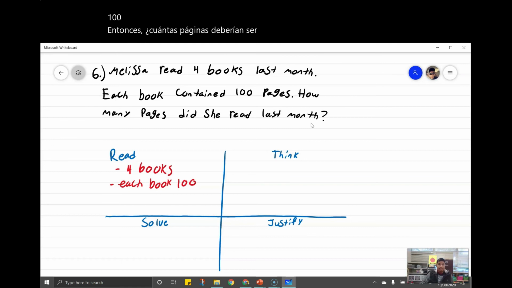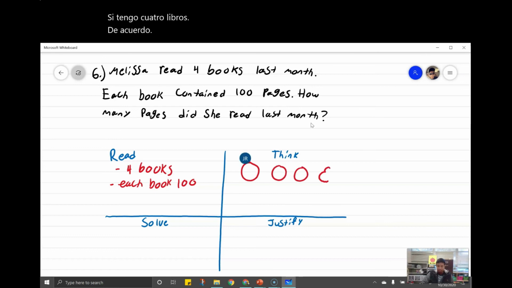Think. What do you think I need to do? If I have 4 books, okay, 1, 2, 3, 4, and each one is 100. What do you think I need to do? Good. I need to multiply. Okay, I need to multiply 4 times 100.